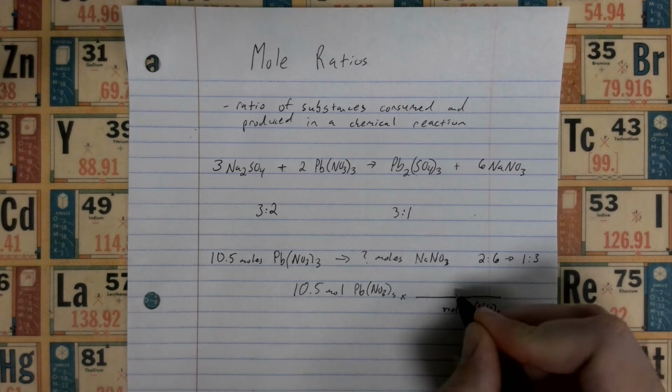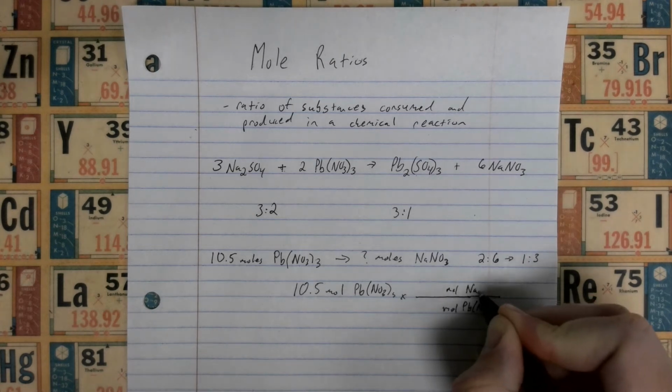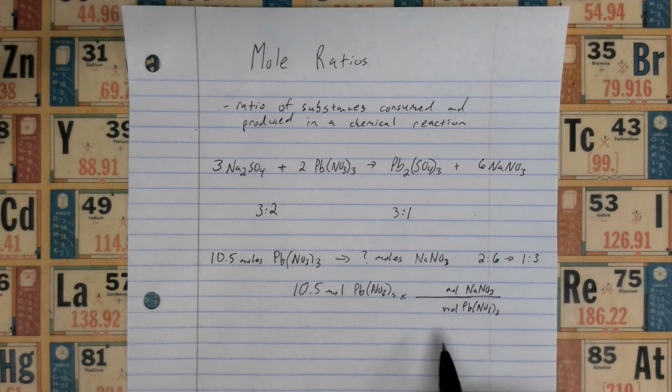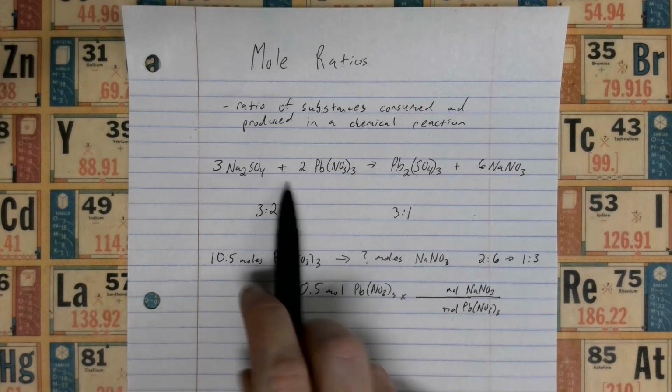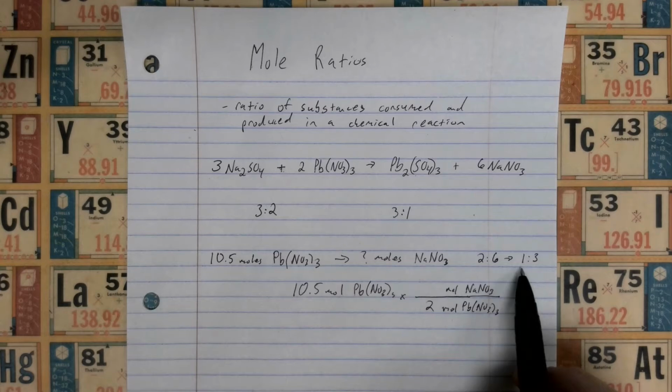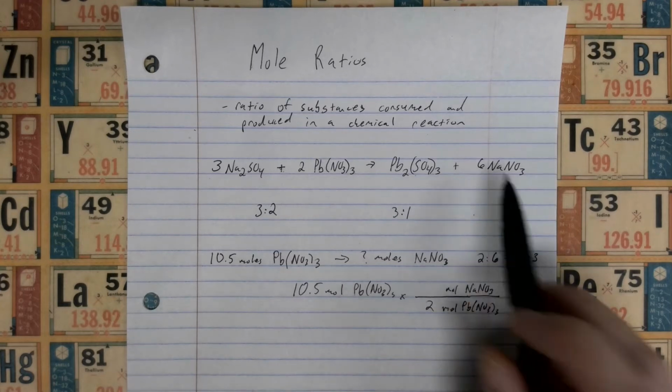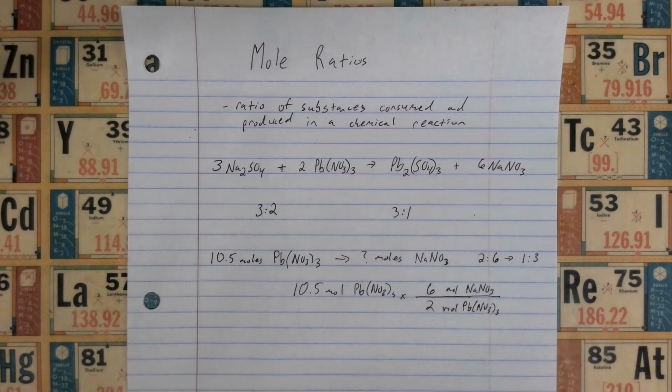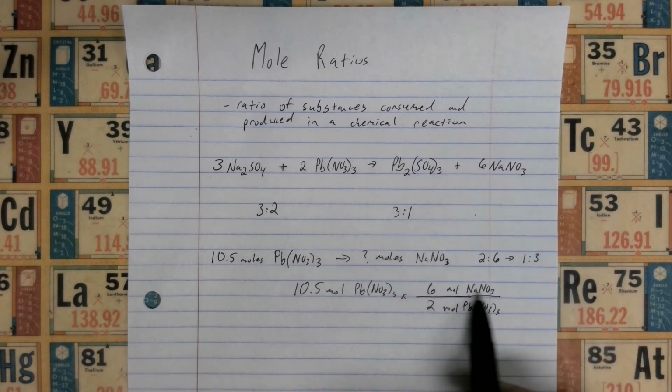In this case it's moles of the NaNO3. Then I look at what number goes with the lead nitrate. That's my 2. That one goes on the bottom, or you could use the 1 if you want. And then the 6 is going to go on top because that correlates with the sodium nitrate.